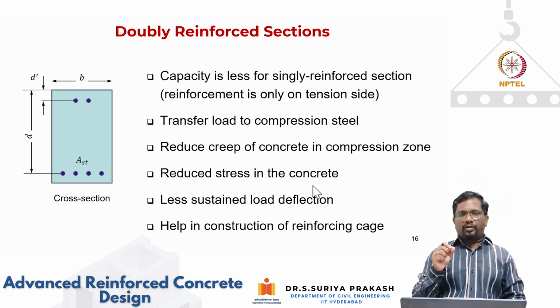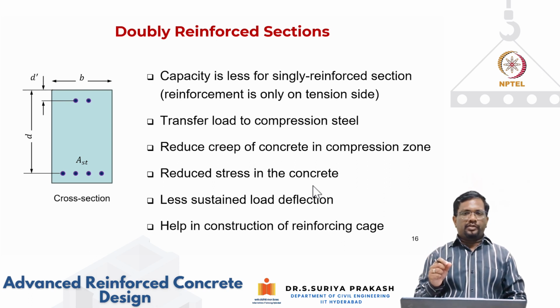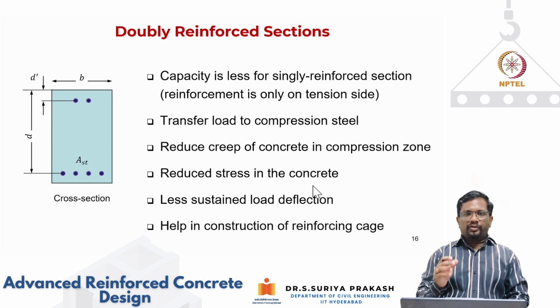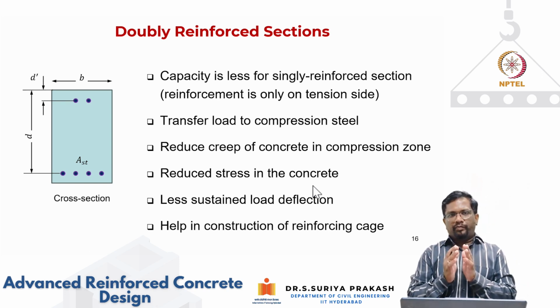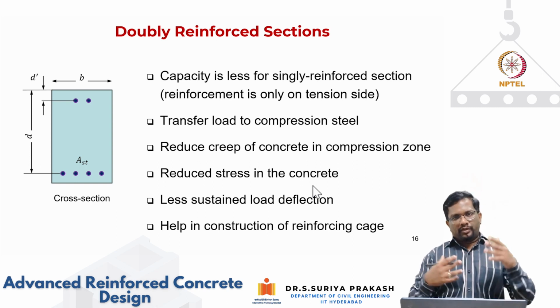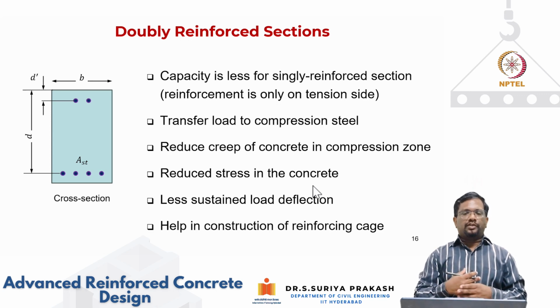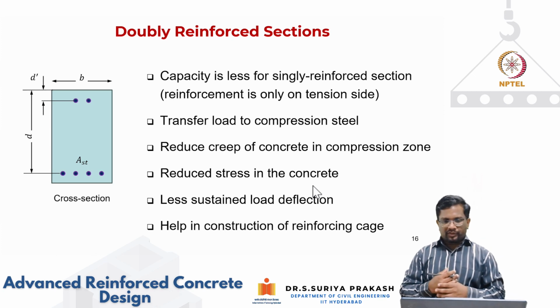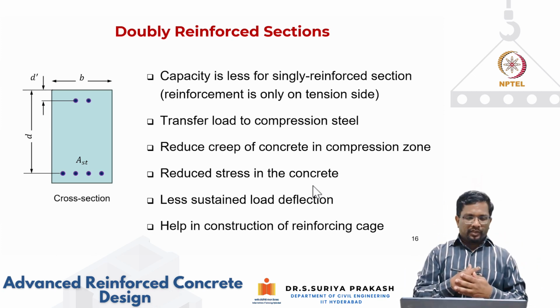It is 0.002 plus 0.87 Fy by elastic modulus, which is Es, right? So that amount of strain has to be reached by the steel when the concrete is reaching 0.0035. So the force distribution and the moment resistance that corresponds to that strain condition is what we call the limiting moment of resistance. At that time, your neutral axis depth is also going to be higher.